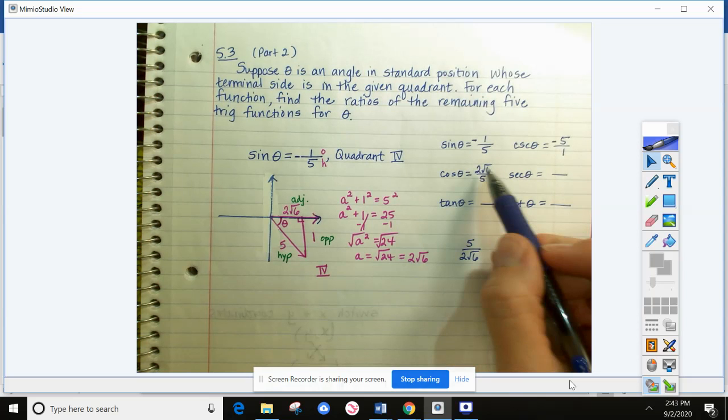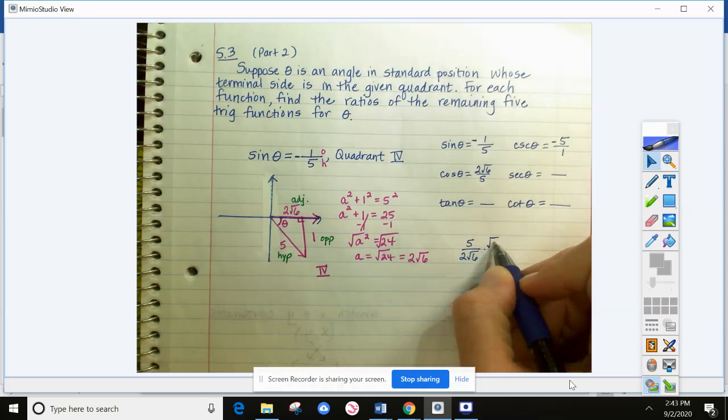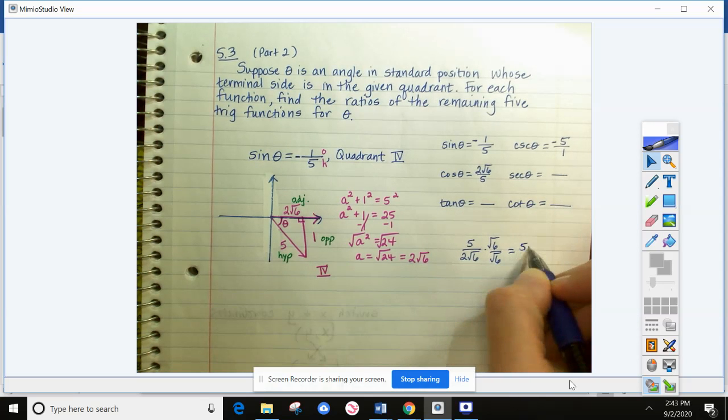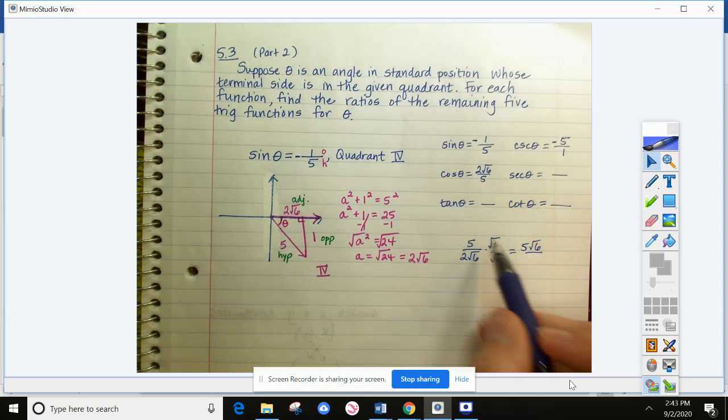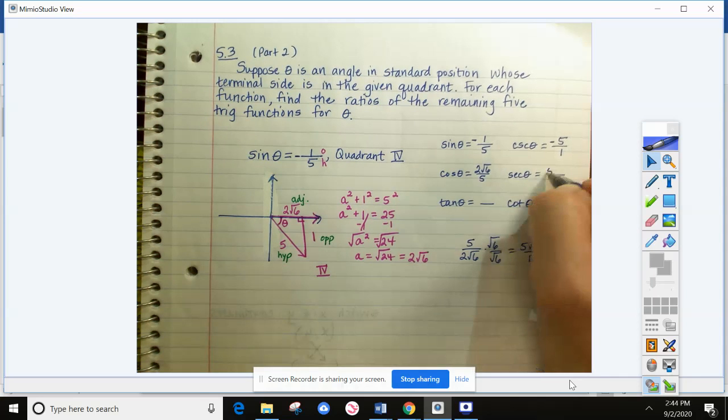All right, so if I flip secant, this is what's going to happen. But we know we're going to have to rationalize it anyway, so that's why I wrote it down here to give myself a little bit more space. So rationalize by multiplying by the square root of 6 on top and bottom, and then 2 times that 6 that you'll get from the bottom will give you 12. So this answer is 5 square root 6 over 12.